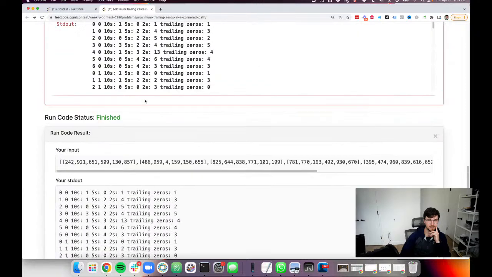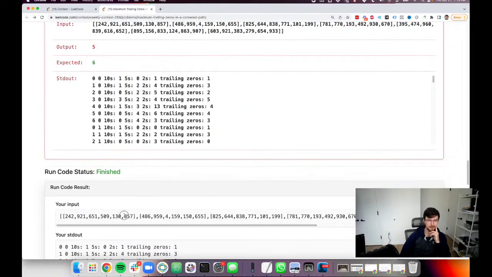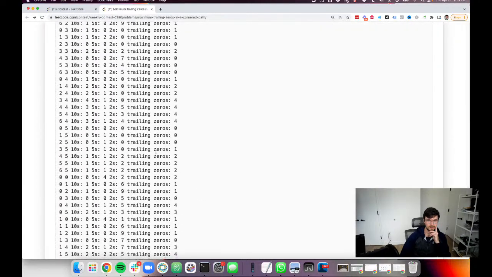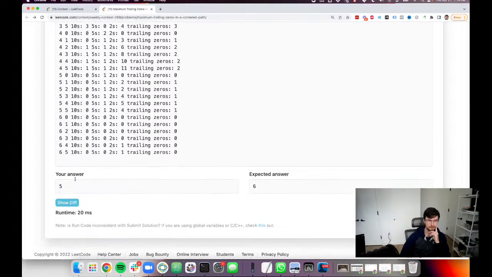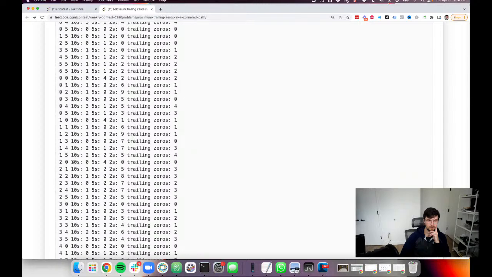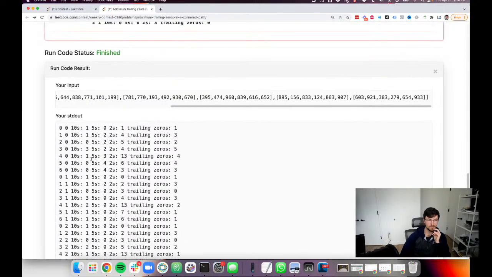Is this a 1, 2, 3, 4, 5, 6, 7 rows and 6 columns? Doesn't look like maybe we're going through all of the possibilities.